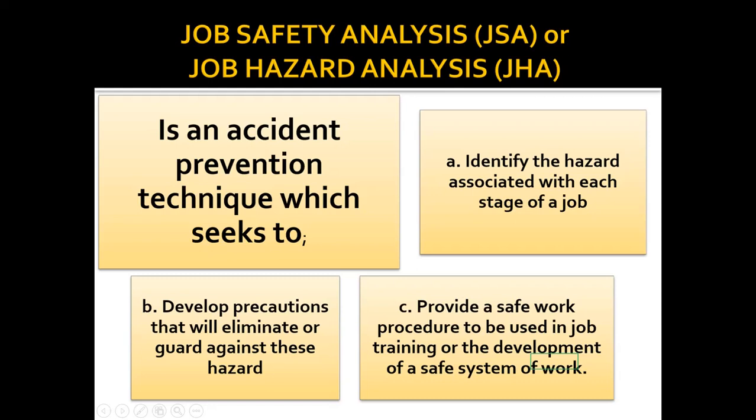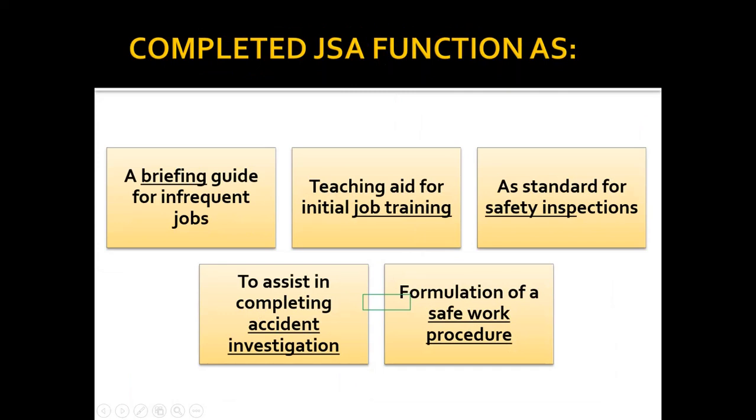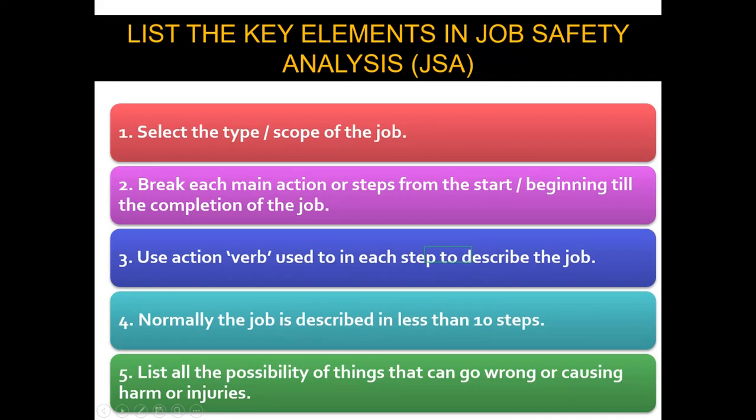And C is to provide a safe work procedure to be used in job training or the development of a safe system of work. And a completed JSA functions as a briefing guide for infrequent jobs, teaching aid for initial job training, extended for safety inspection to assist in completing accident investigation and formulation of a safe work procedure.